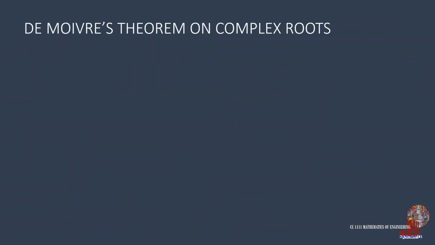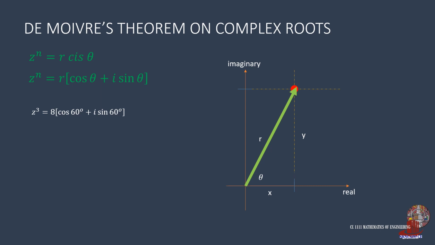De Moivre's theorem in solving complex roots uses the polar form of the complex number. In such form, z raised to n comprises the modulus r cis theta, or r times cosine of theta plus i sine of theta. Take for example z cubed as 8 times cosine of 60 plus i sine of 60 degrees.